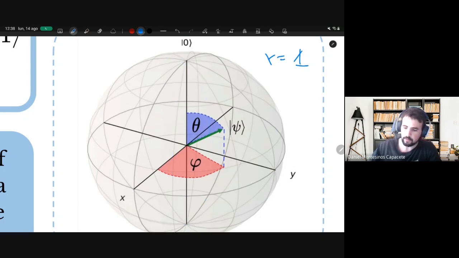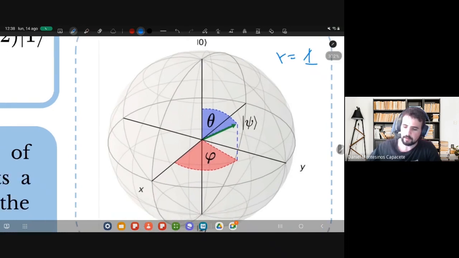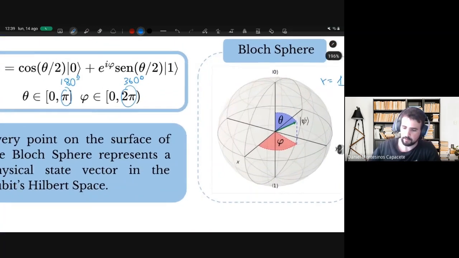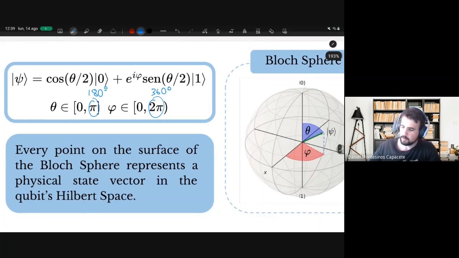The theta angle is between the vector and this axis. And theta is between 0 and pi, because, just in case you are not familiar with this kind of angles, pi is equal to 180 degrees, and 2 pi is 360 degrees.